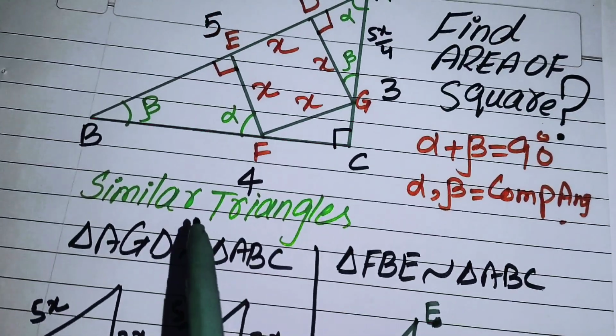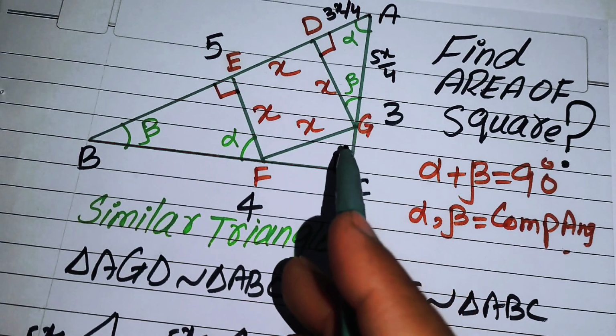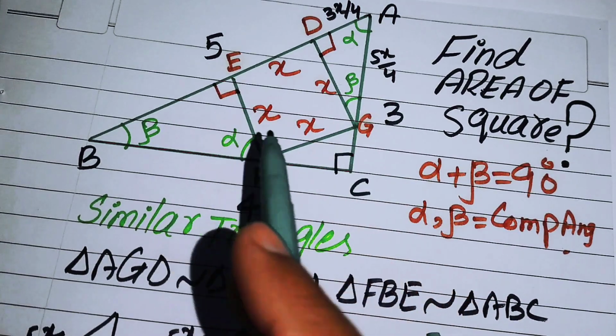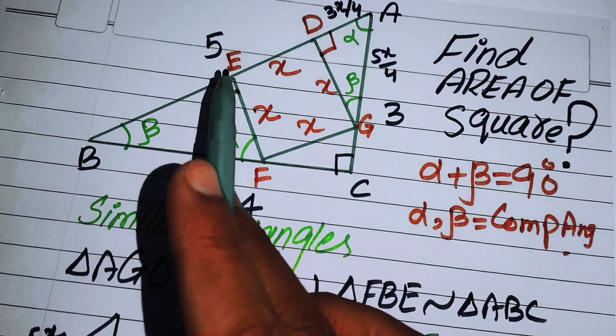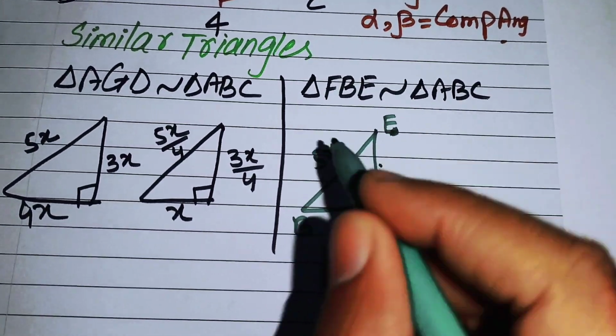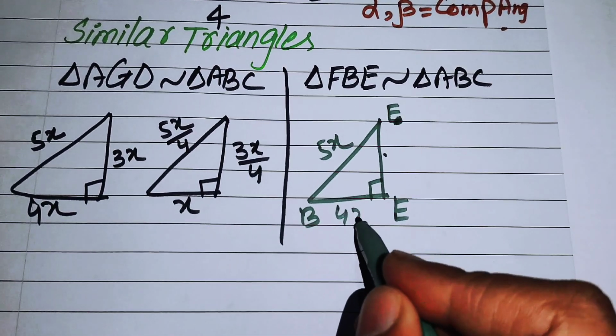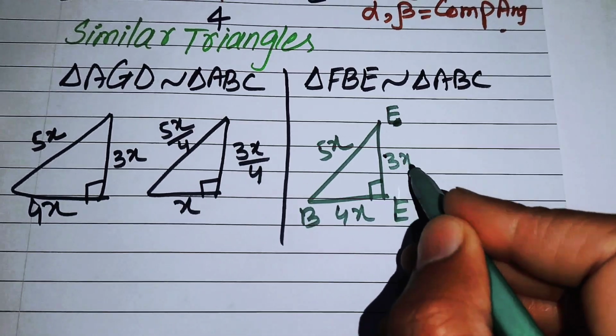So first we multiply the ratio of the biggest triangle to the smaller triangle. So we have hypotenuse is 5, so we get this hypotenuse is 5x. So the base of the biggest triangle is 4, so this is 4x and this will become 3x.